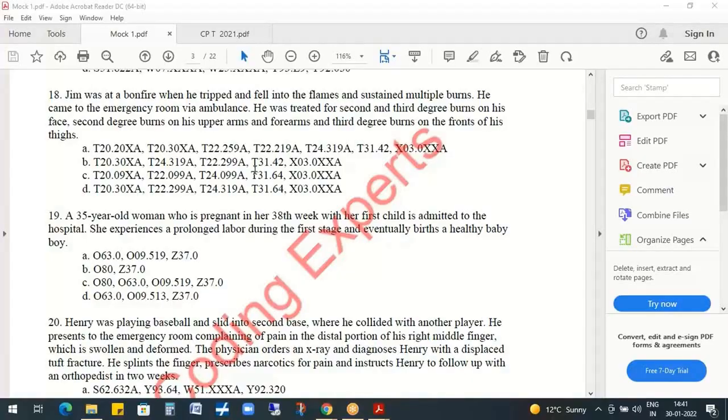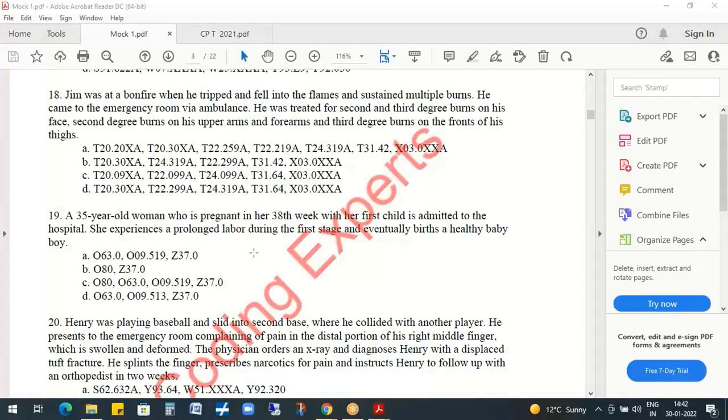Sir, is B the answer there, sir? Huh? Then in this T31.2, the description is burns involving 40 to 49% of body surface. Yes, I understood. That is the percentage of burns. They have given a concept oriented question, but they didn't give the percentage in the scenario. Yes, sir.